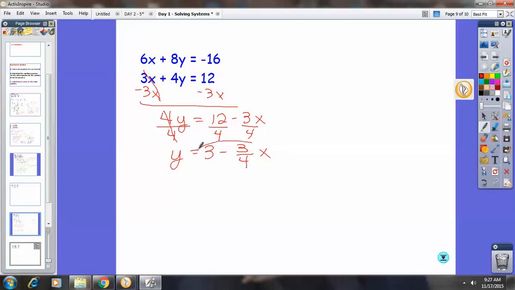We're going to put this equation, 3 minus 3/4 x, into the other equation.